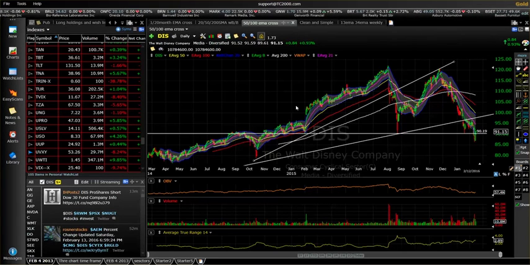What's concerning about this particular chart from a weekly or a long-term time frame is we have potentially a double top in the stock. We know that we have broken below a longer-term trend line. Okay?